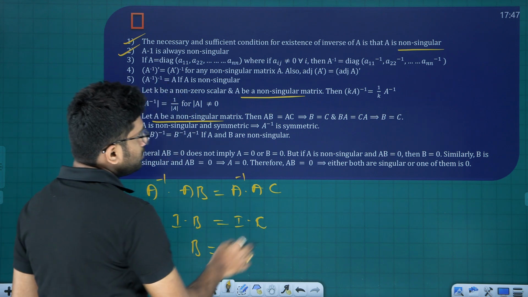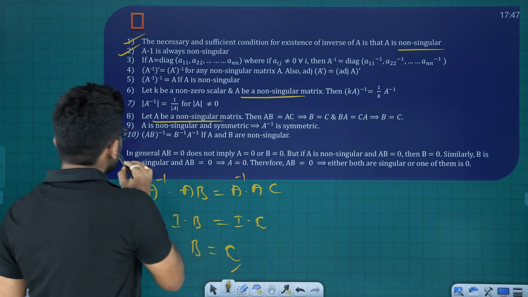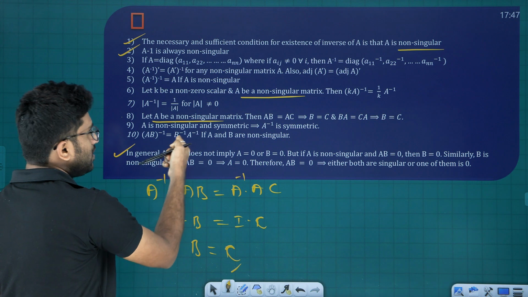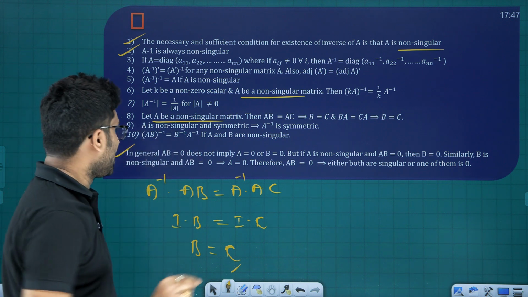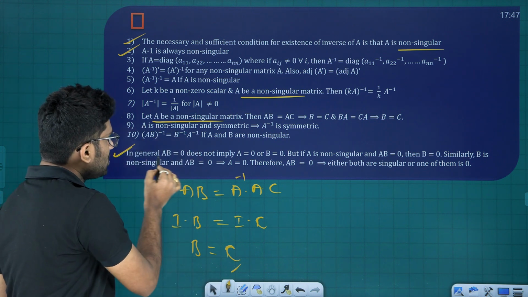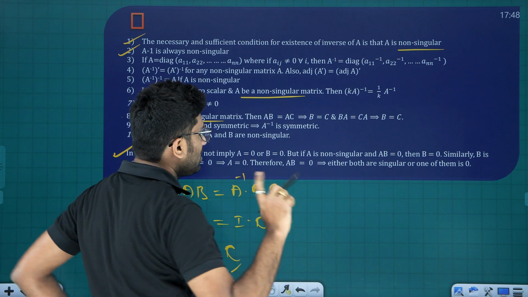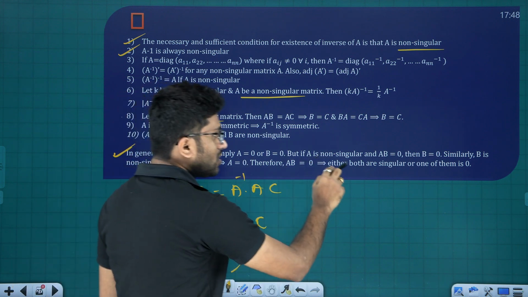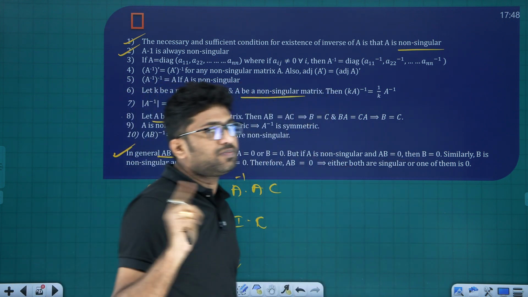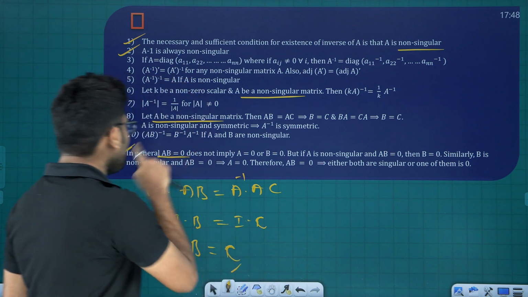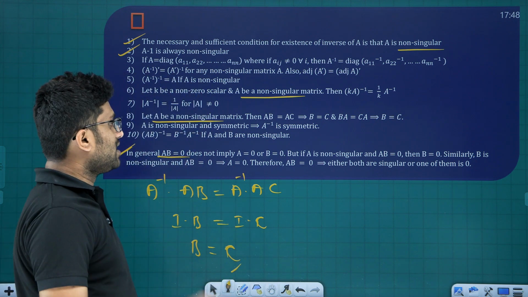In general, friends, AB whole inverse is B inverse into A inverse, same as with transpose. In general, if AB equals 0, it does not imply that either A or B is 0. If A is non-singular and AB is 0, then B is 0. Similarly, if B is non-singular and AB is 0, then A is 0.